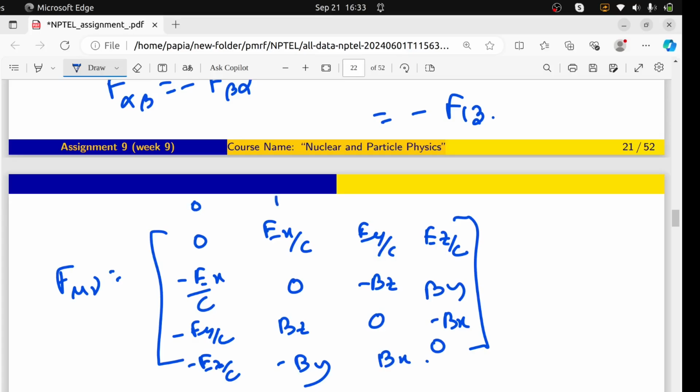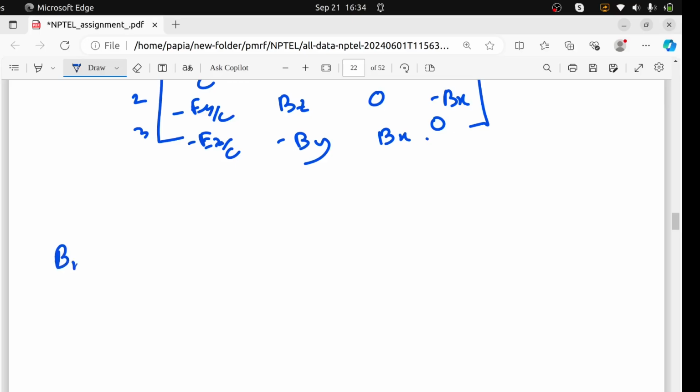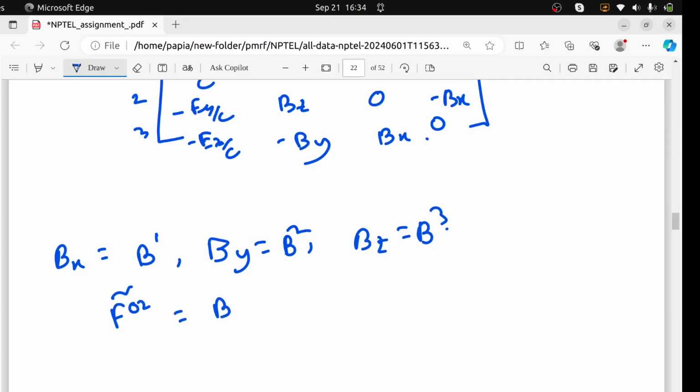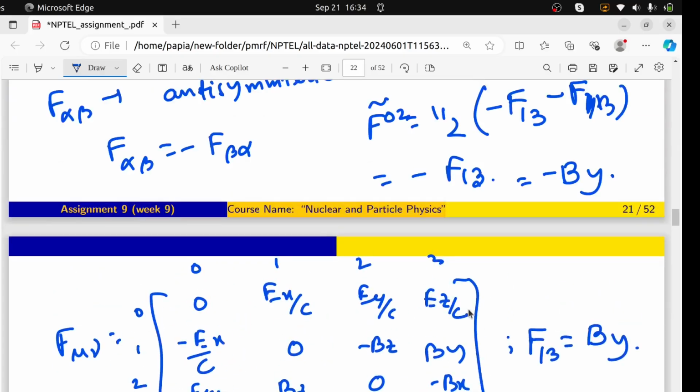It is counting as 0, 1, 2, 3. Here again 0, 1, 2, 3. So they are asking F13. F13 means this is 0 throw, this is 1 throw. So 1 throw and then 0, 1, 2, 3. So that means By. Okay, so the answer will be minus By. And By means, obviously, Bx we will write as B1, By is B2, Bz as B3, like that. So F02 is By, it is minus By.